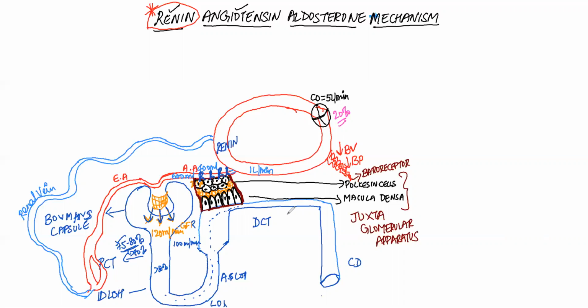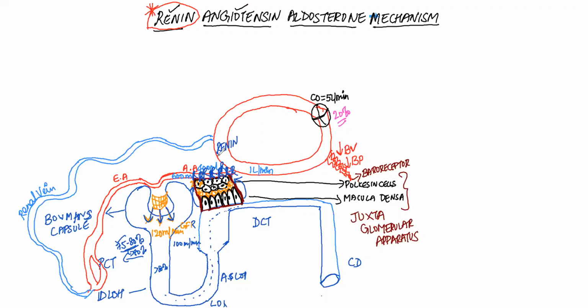Has the person gone into shock, or some pathology, or an accident? So with the help of local prostaglandins, the macula densa stimulate the juxtaglomerular cells to further augment the release of renin. So more renin gets produced from the juxtaglomerular cells.